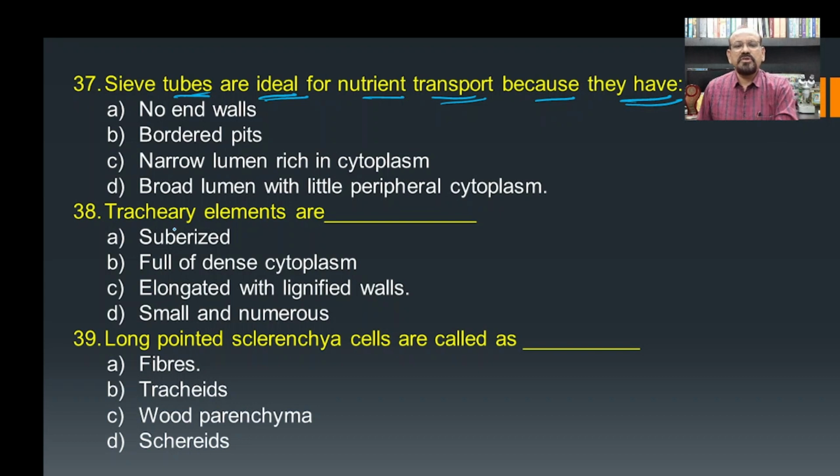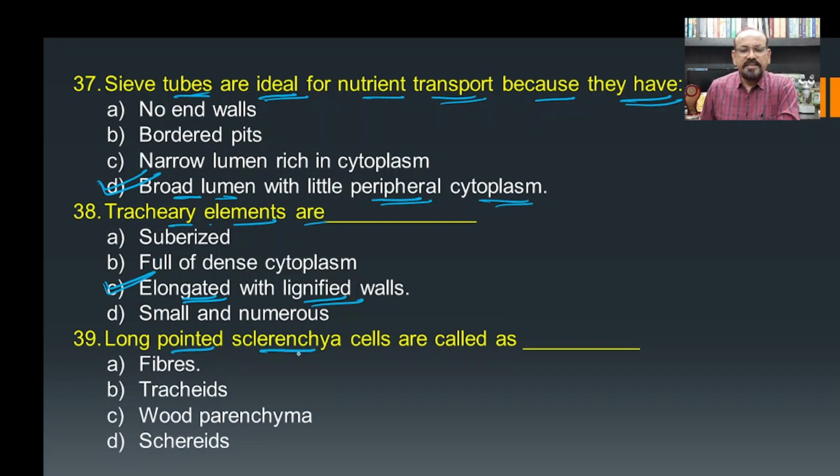These sieve tubes are broad in the lumen, meaning the inner diameter is broader, with little peripheral cytoplasm, and hence they are ideal for the transport of nutrient material, and hence the answer becomes D. Then tracheary elements: the vessels and the tracheids have lignified walls, and hence the tracheary elements are elongated with lignified walls, and hence C will be the correct answer.